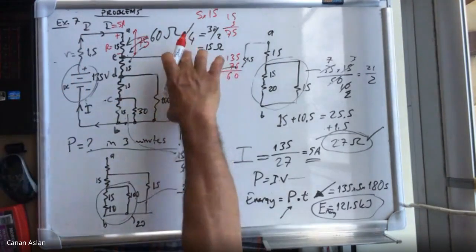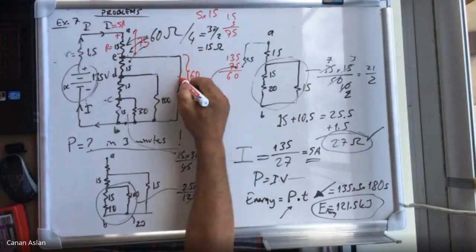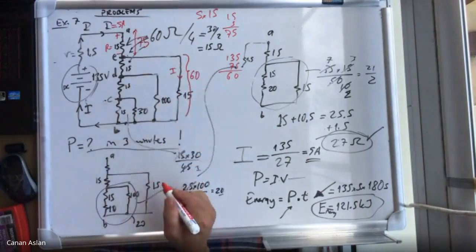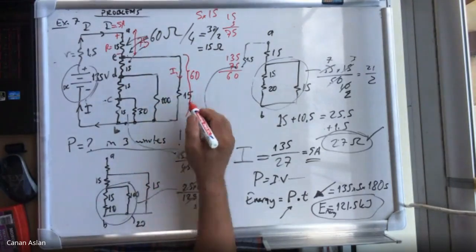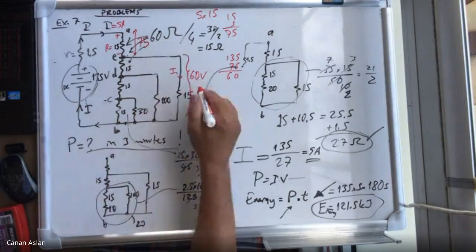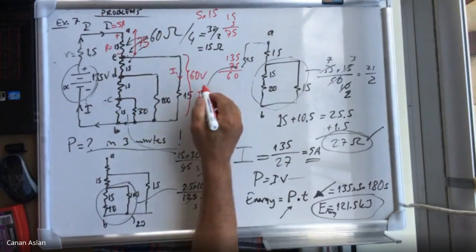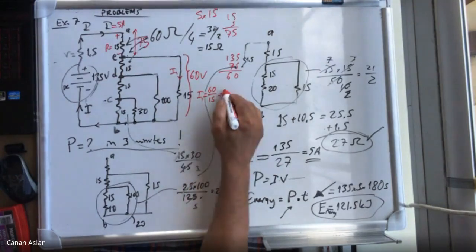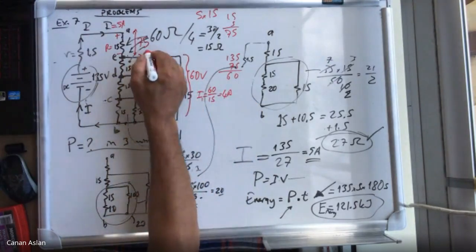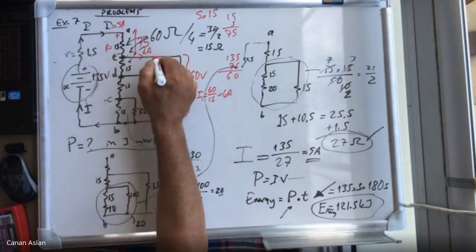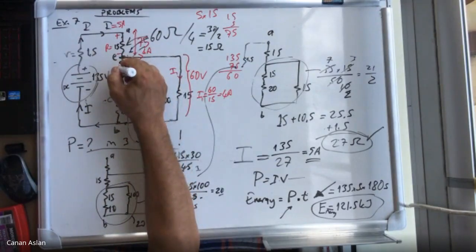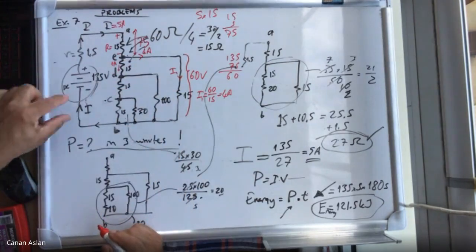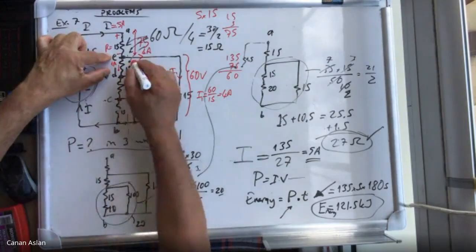Now, if this is 60 volts, you know the current here, I1, let's say. I1 equals 60 over 15, which is 4 amperes. So 4 amperes go there. If 4 amperes go there, then this is 1 ampere. If this is 1 ampere, then the voltage here is just 15 volts.